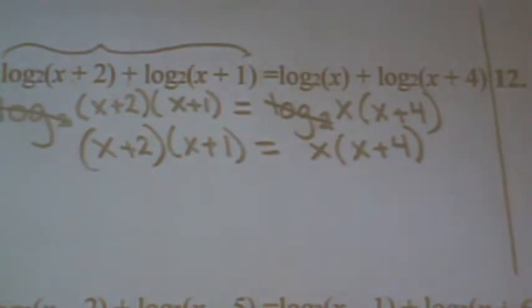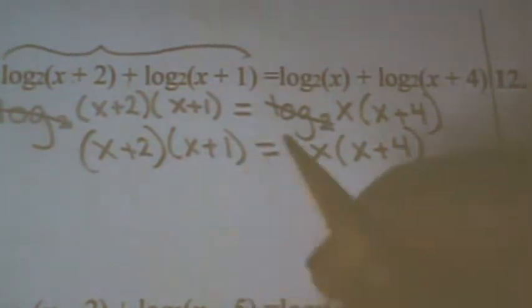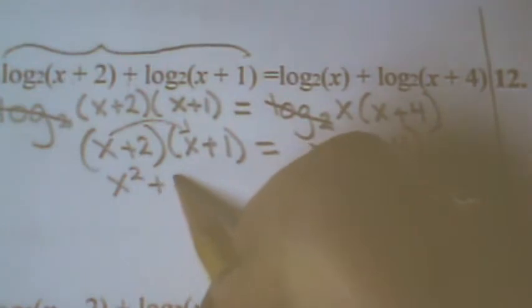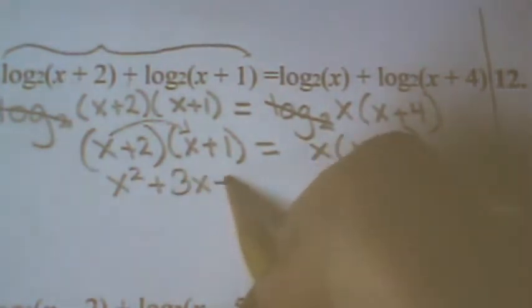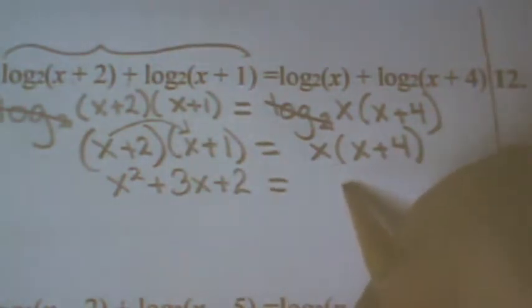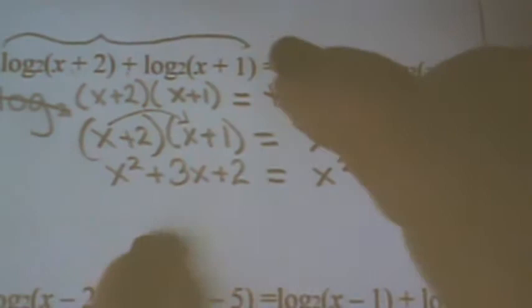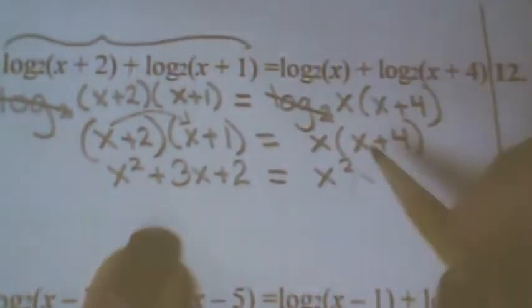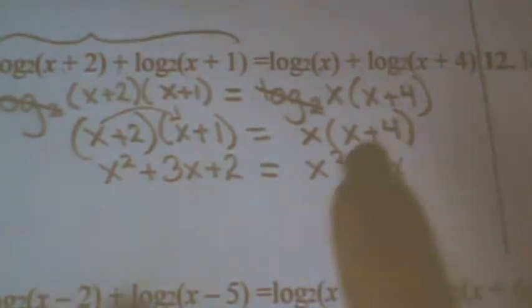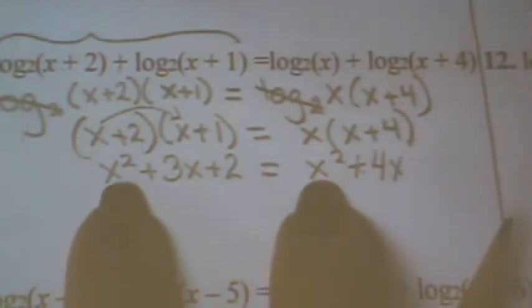Now, this is a challenging quadratic problem. Do you guys remember how to solve this? Factor. Factor the left side and simplify. Factor the right side and simplify. Do you see 1 for 1 again?